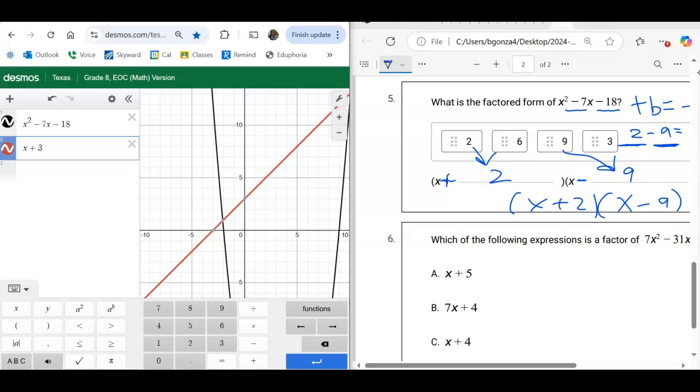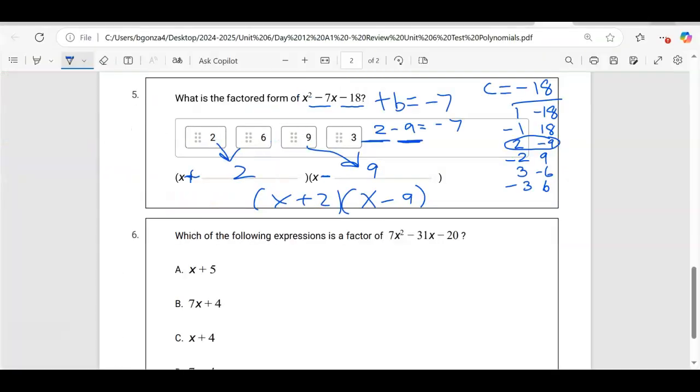You could have tried 3, that does not have the exact same x-intercept. And then for the minus one, you put x minus, and you could try all these numbers again. 2, nope. 6, nope. 9, yes sir, right there. And then 3, nope. So you could check those in Desmos by graphing and seeing if they have the same x-intercept. That's another way to do it.